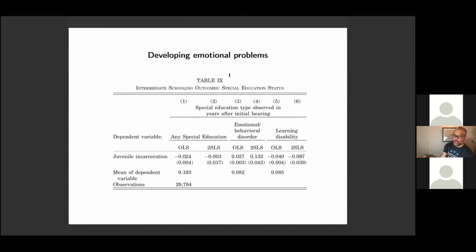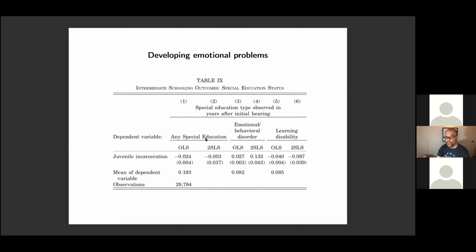What about when they do go back to high school? So some do go back to high school. What happens to them? This is the advantage. They're taking advantage of their rich administrative data to tell a more complete story. Why are they not finishing high school?